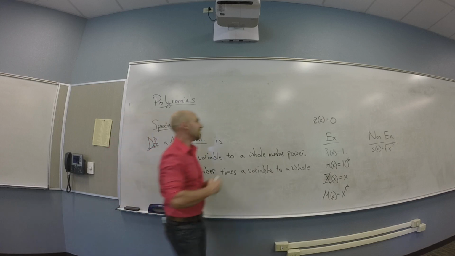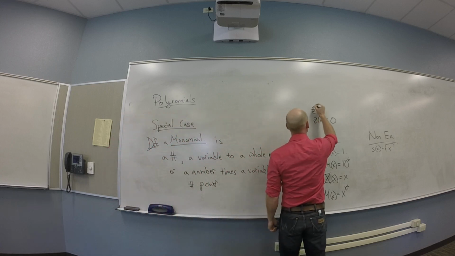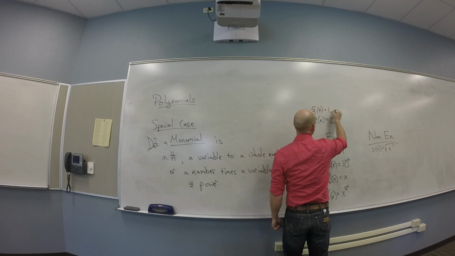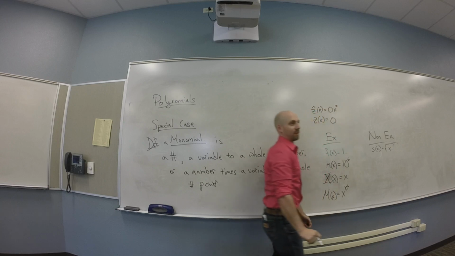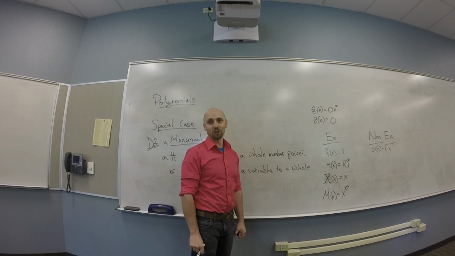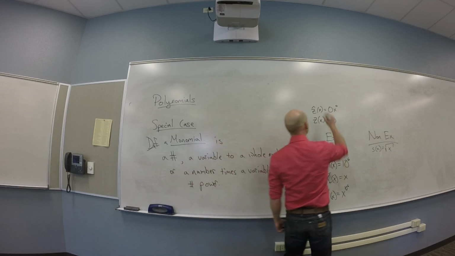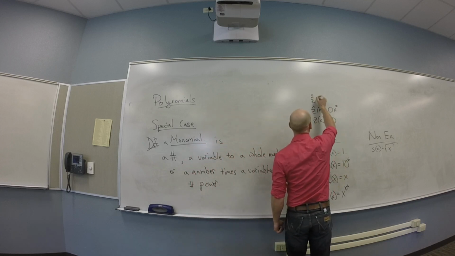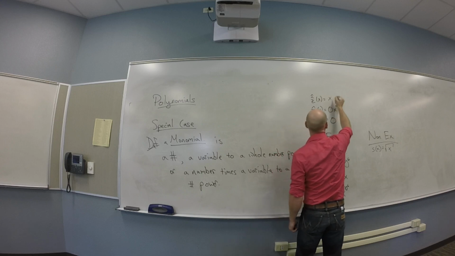So you could even think about z hat of x is 0x to the 0. That's still 0. Those are the same function. 1 times 0 is 0. You could even think about z double hat of x is just x to the 0.